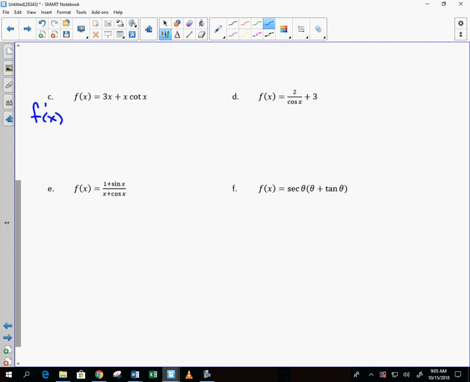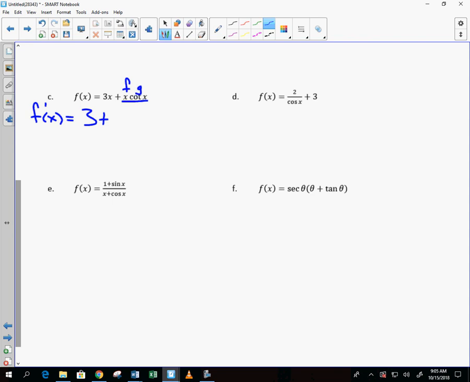Uh-oh, now we get a little bit more challenging. What's the derivative of 3x? 3. And now I've got x times cotangent of x. What rule have we learned that you think I need to use in order to find the derivative of x cotangent of x? The product rule. So I'm going to call this f, and I'm going to call this g.